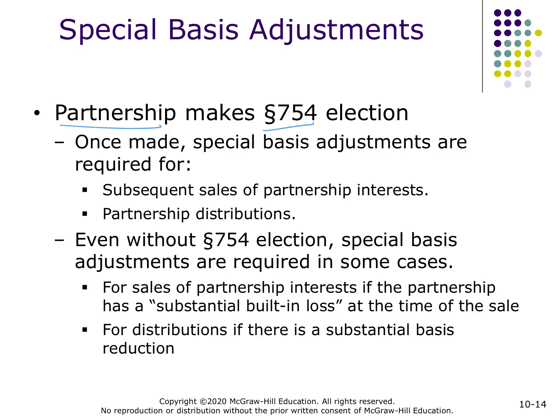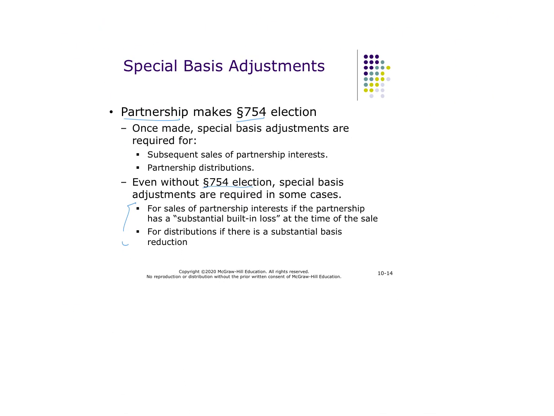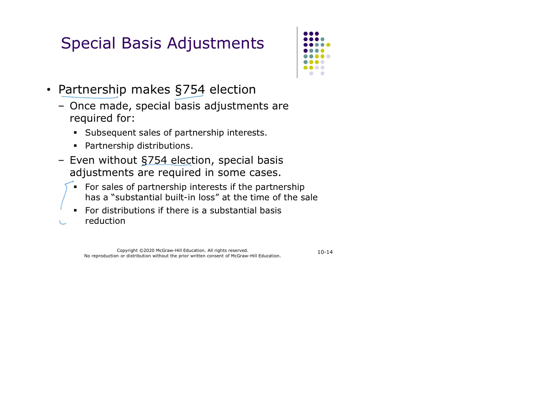All right. Additionally, even without this Section 754 election, you have two cases where you have to make these special basis adjustments. Okay. And so I'm going to rearrange and we're going to talk a little bit more specifically here.